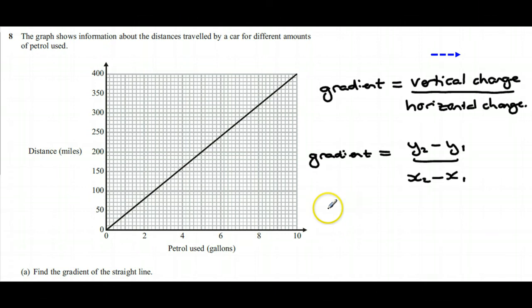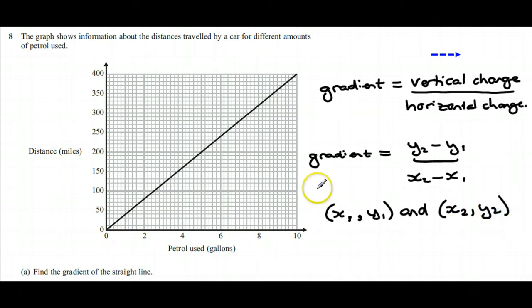So we've got one set of coordinates, x1, y1, and another set of coordinates, x2, y2. So however I go about it, what I need to do is find 2 points on the line and find out the vertical difference between them and the horizontal difference between them.